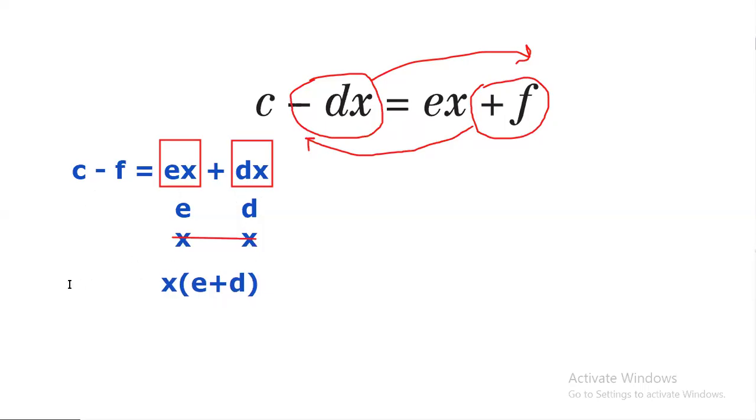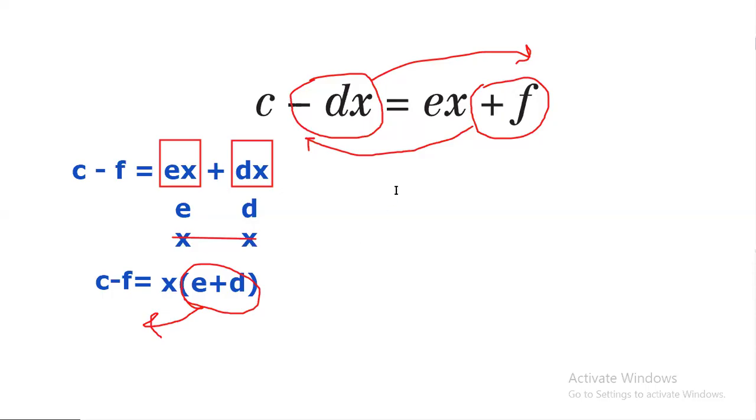Now you write the rest of the equation or formula. So c minus f equals this part. Okay, now we continue by doing the last step, which is putting the x alone. And how do we do this? Here, the x is multiplied by the whole bracket. It means I can take the whole bracket to the other side by dividing.